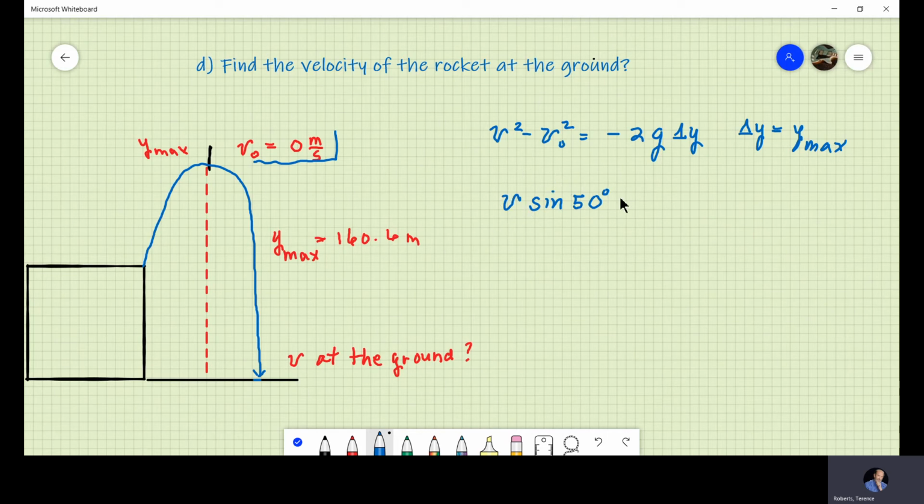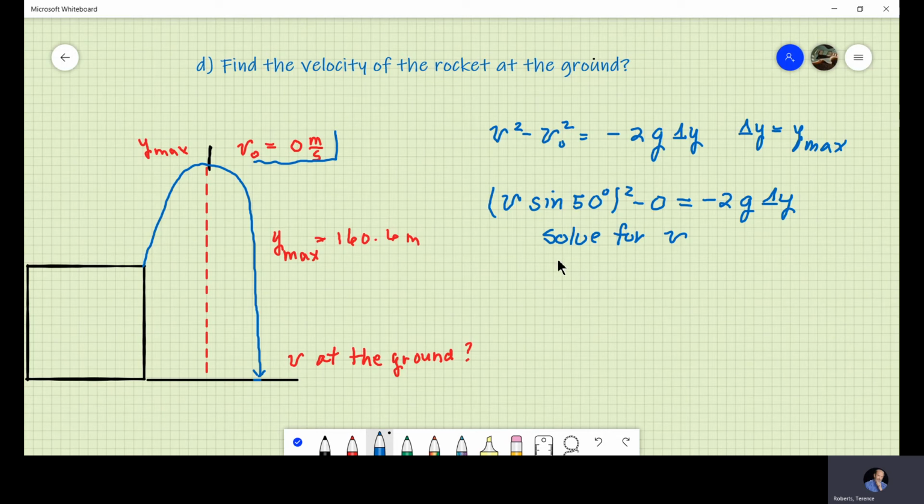So all this gets squared, minus 0 equals minus 2g delta y, or y max. And now we need to solve for v.